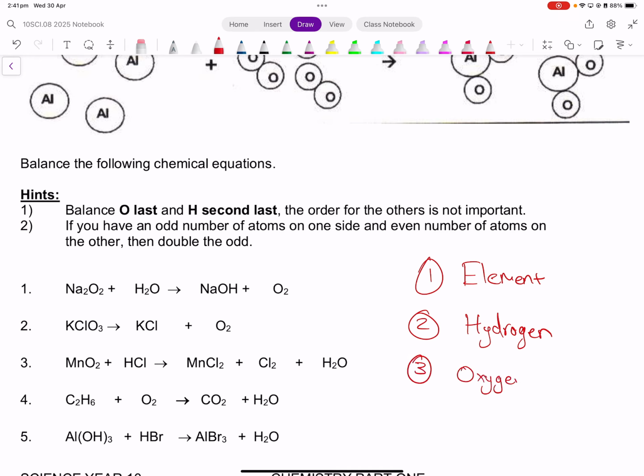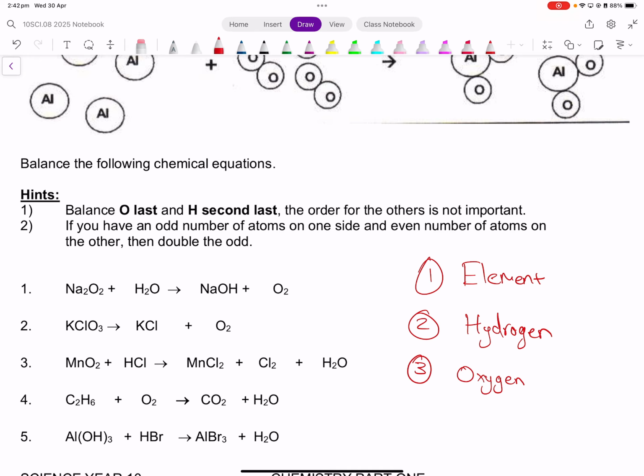So when you're writing down your page and you're looking at this like sodium oxide next, I want to see you going elements. So the element in this case would be sodium. I then want to see you balance the hydrogens. And lastly, I want to see you balance the oxygens.